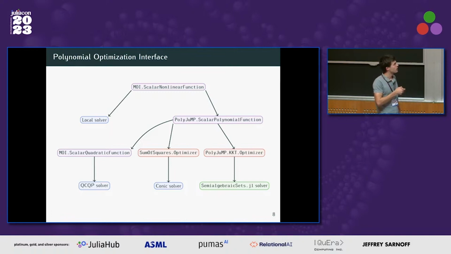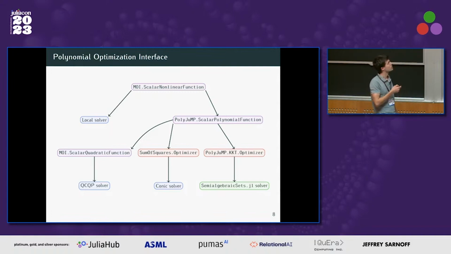And if instead the user wants to solve this by solving the KKT system and an algebraic system, then he can use this optimizer in PolyJuMP that is going to create the KKT system, use an algebraic system solver using the interface in this package, and then return the solution back.